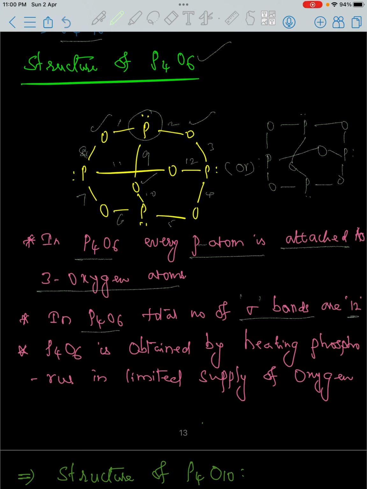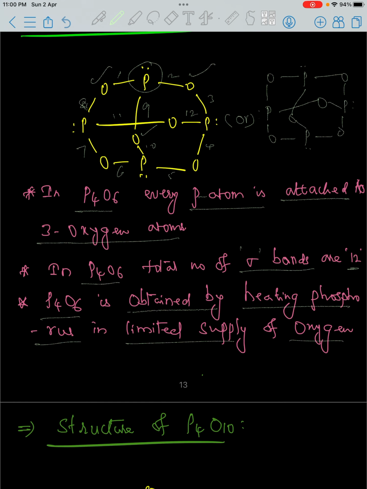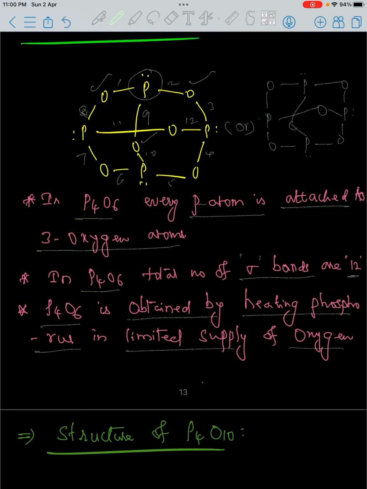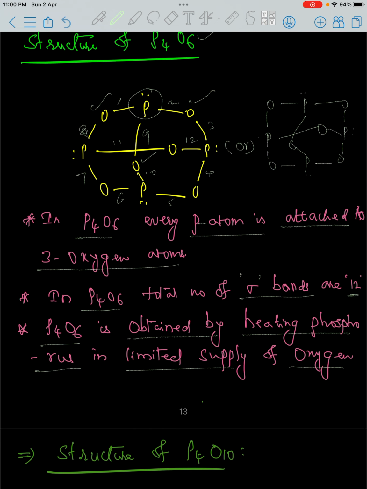P4O6 is obtained by heating phosphorus in a limited supply of oxygen, which is very, very important.